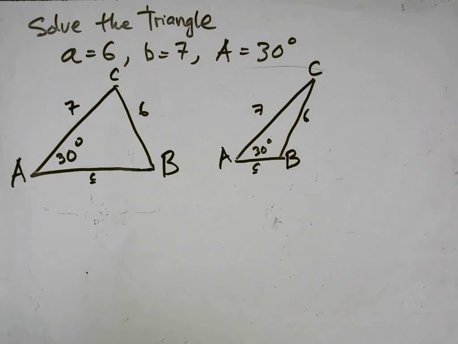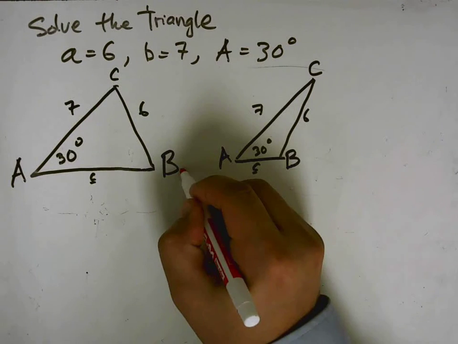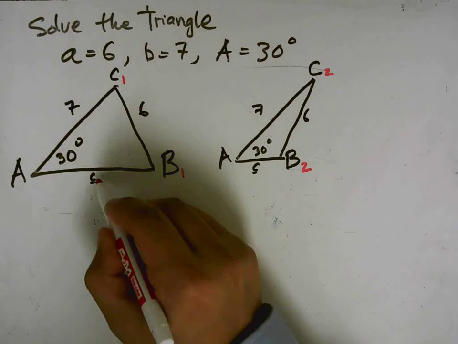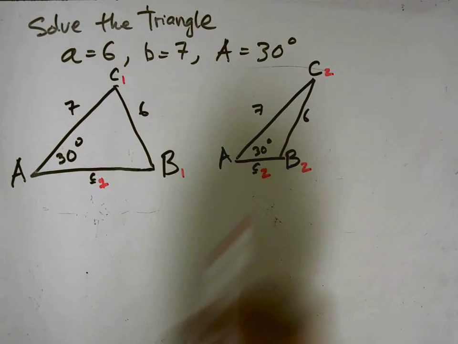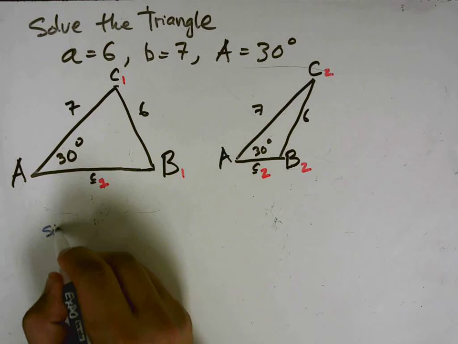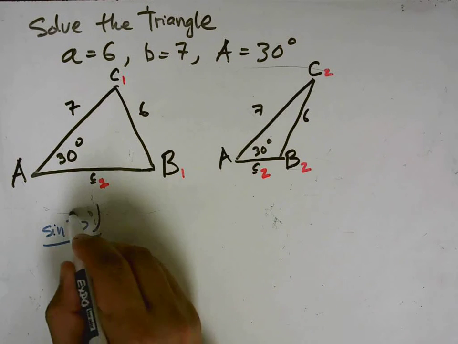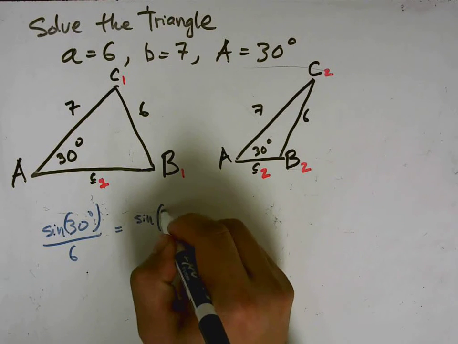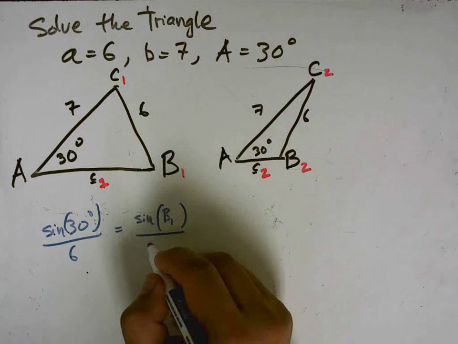So I'm going to revise the way that I name these triangles. Instead, I'm going to call this B1, I'm going to call this B2, and label the C's in much the same way, C1 and C2. Since they're both triangles that work, I'm going to set it up using the law of sines in pretty much the same way. Sine of 30 degrees over 6 is equal to sine of B1 over 7.